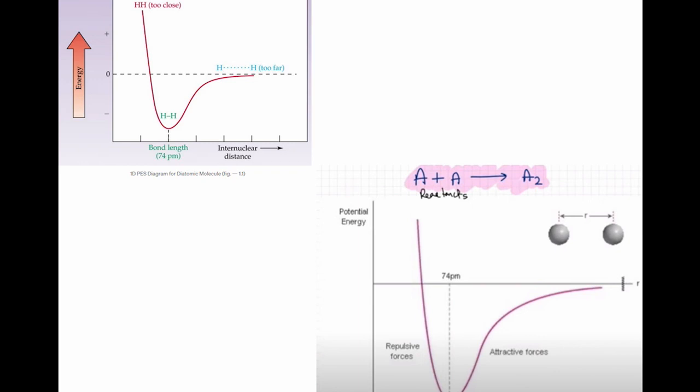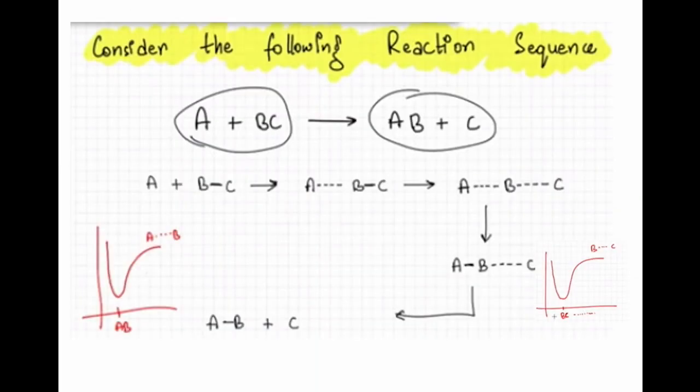For two atoms, it is simple to explain the potential energy diagram. Consider the following equation: A plus BC gives AB plus C. Here, atom A reacts with BC.